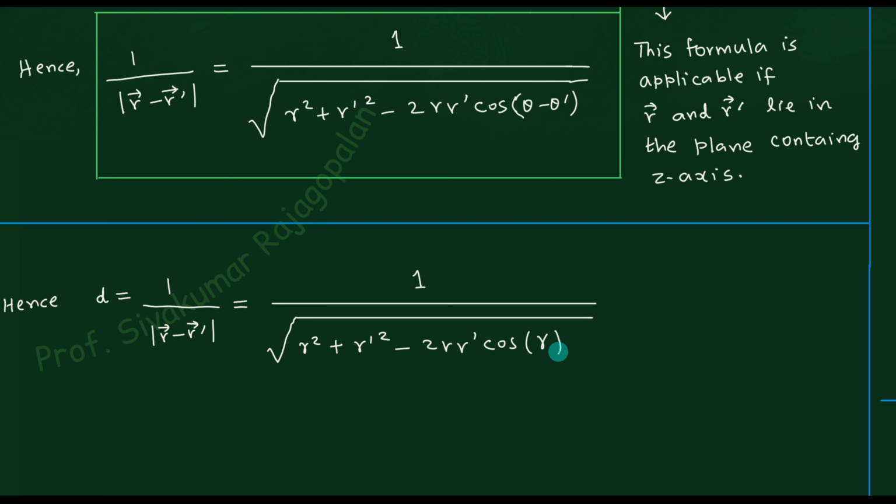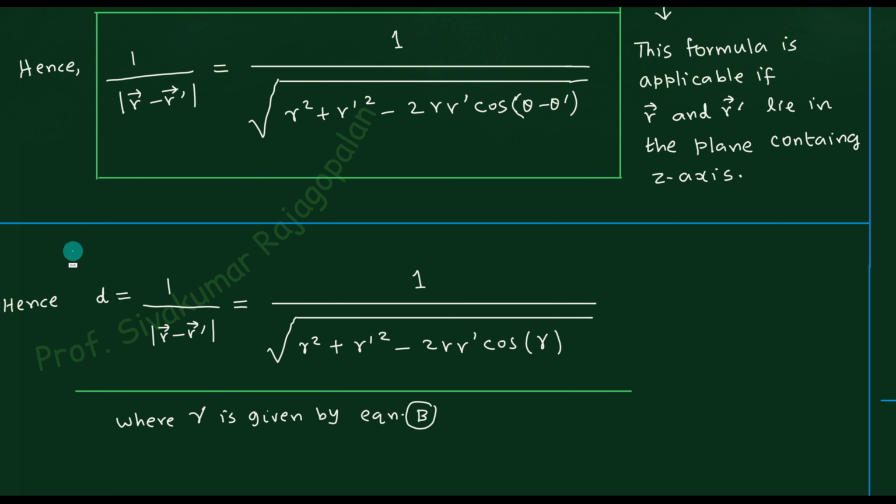So now the big expression has become cos gamma. The advantage is that this equation looks much more elegant and simple compared to the previous big expression. However, remember, it did not really become simple, because the gamma expression is big. That is there anyway. So gamma is given by equation B. That will not disappear anyway. But now, if you write in this particular style, the equation looks very elegant.